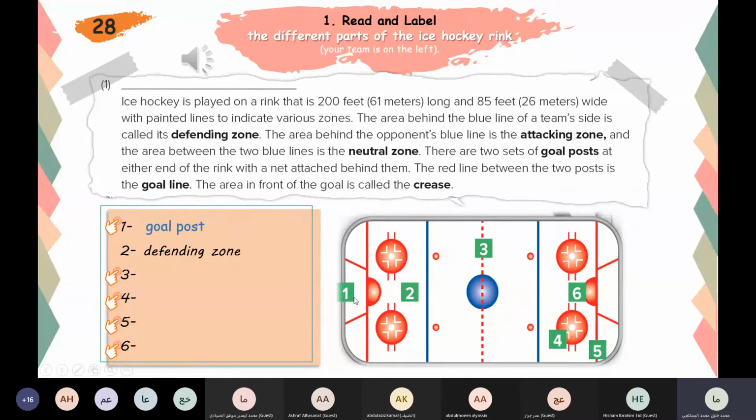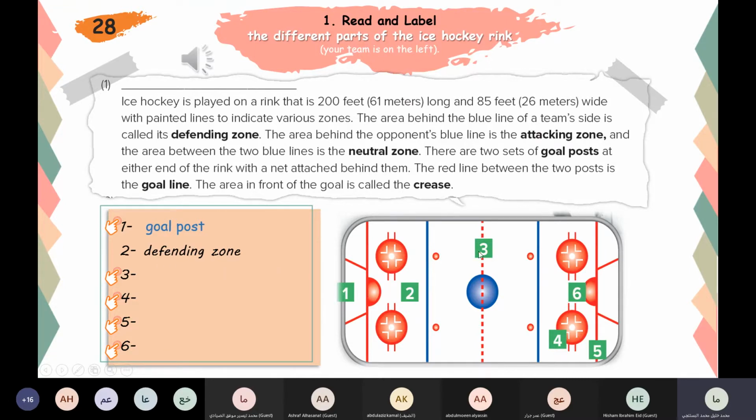Here we have a goal post with the opponents. Also, we have another goal post. So there are two sets of goal posts at either end of the rink. Okay, here at the end of each part of the rink. Again, the second zone is called defending zone.